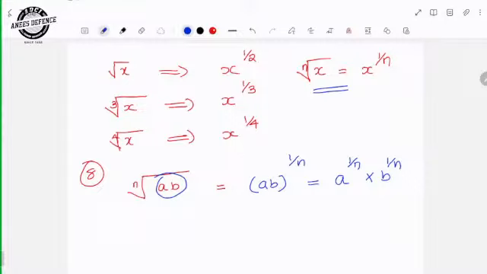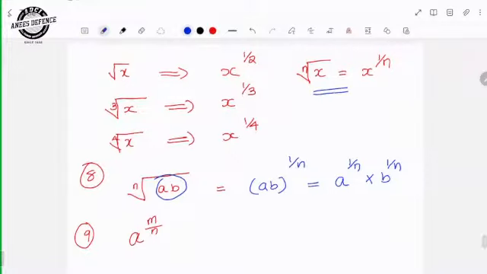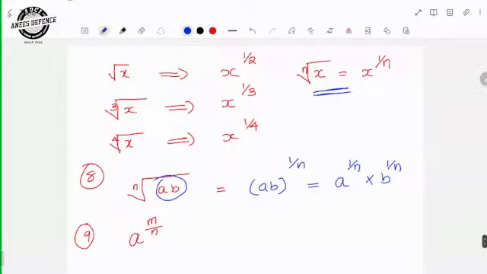Another one, ninth one. A raised to m by n. Here you can see nth root of x is written as x raised to 1 by n. So if x raised to 1 by n is given, we can write it as nth root of x.